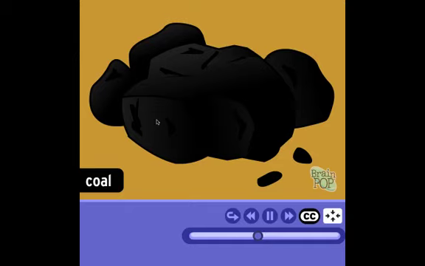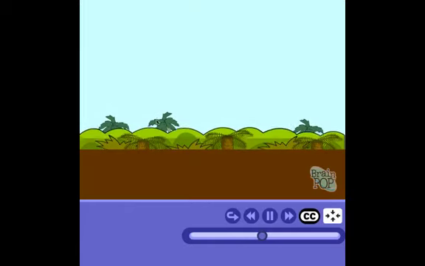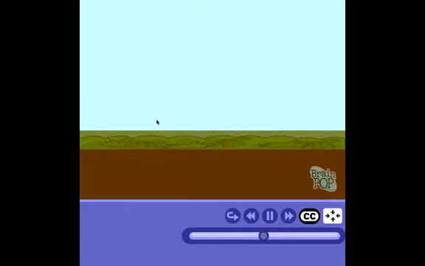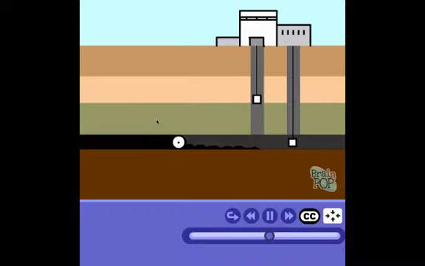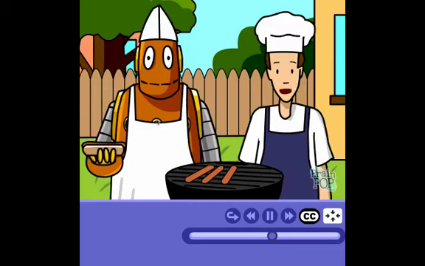Coal may look like a rock, but like the other fossil fuels, it too was once living matter. Prehistoric plants died and sank into the swamps and bogs. Over time, they were covered with layers of rock and earth, creating enough pressure to slowly squeeze them into a solid. Coal is extracted from the earth by digging large and complex mines. Coal was used heavily as a fuel source during the Industrial Revolution and is still commonly used today.